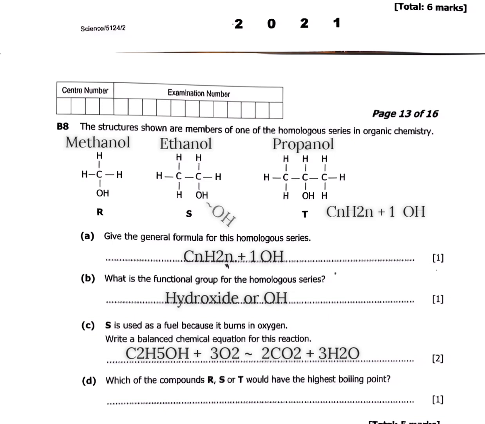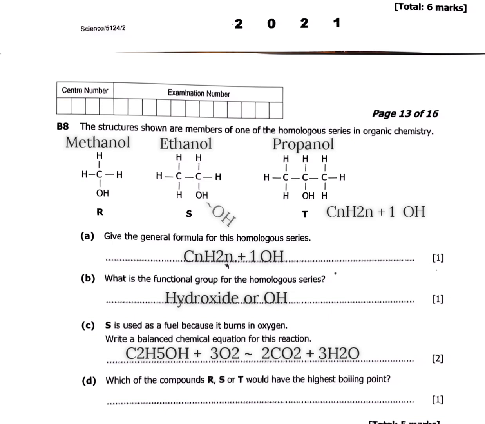Okay, the last question, question D, is saying which of the compounds R, S or T would have the highest boiling point? As the number of carbon atoms increases, a compound is going to have a high boiling point.